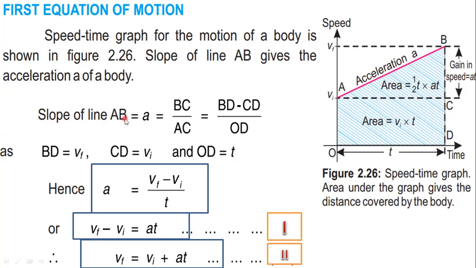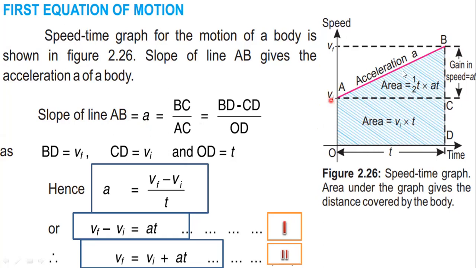And the acceleration, as you know, the slope is actually the rise over run, the ratio of rise, that this line is rising from this point. Look at this point, and rising to point B. So if we are looking for the slope, slope is the ratio between the rise and the run of the line.